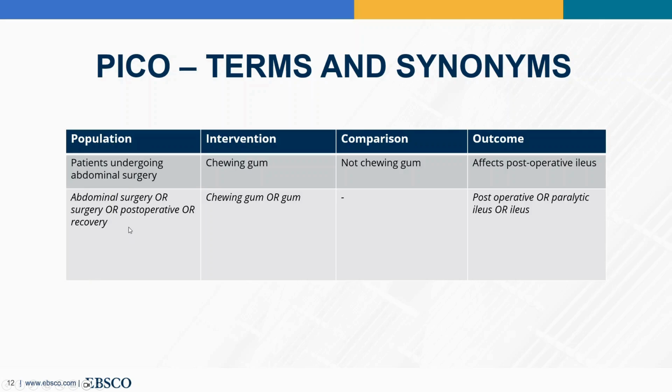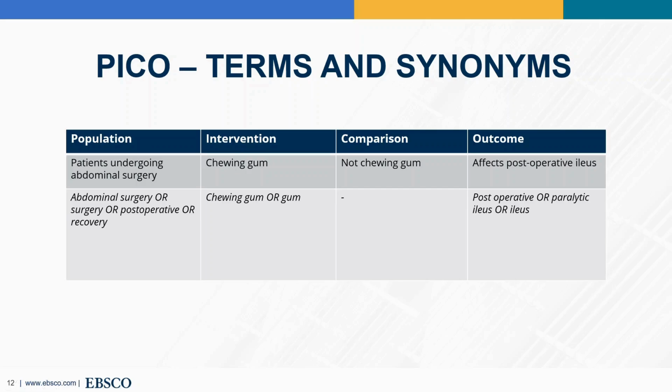So we're going to use abdominal surgery or postoperative or recovery. For intervention, we have chewing gum and we're going to use chewing gum or gum. For comparison, we have not chewing gum. So we won't have a related term for this, so we'll leave this blank. And for the outcome, we'll use postoperative or paralytic ileus or ileus.